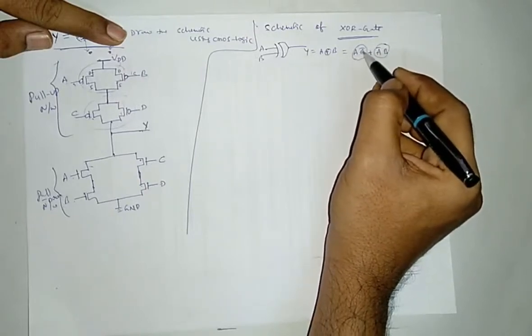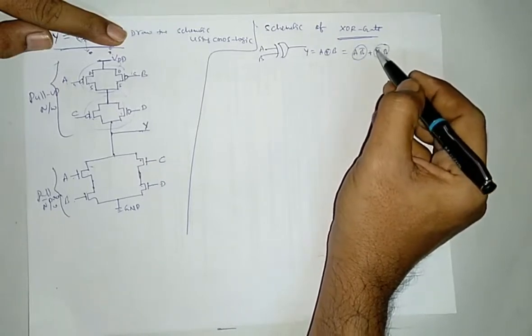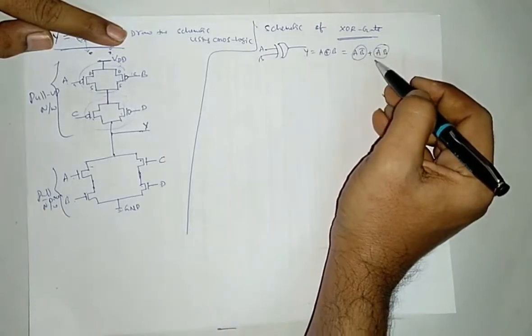They have complemented inputs, but the entire logic function is not complemented. That's why you should use an inverter at the output stage.